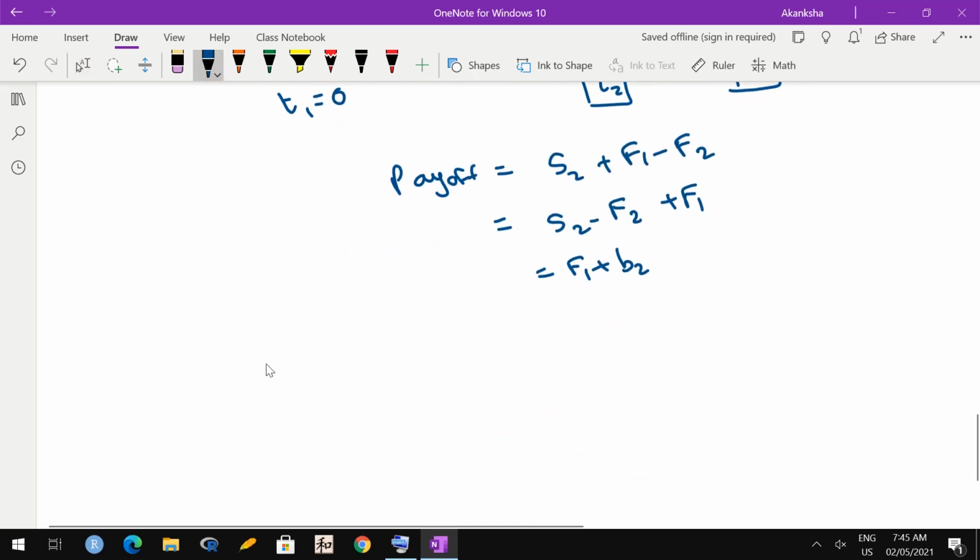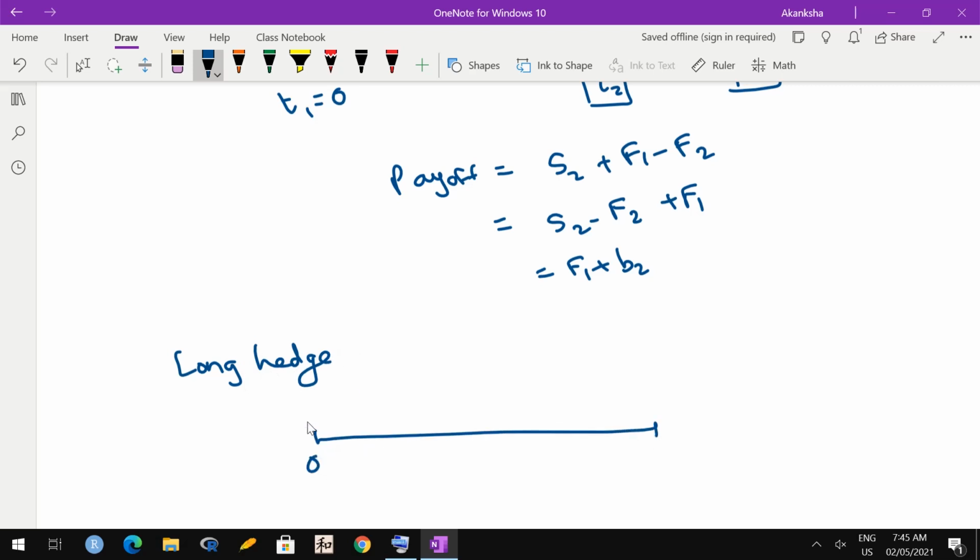For a person in a long hedge, what would be the things? Things would be exactly opposite. Long hedge means at 0 the person has agreed that at time T he or she will buy the asset by paying F1, but somewhere in between they have to buy by paying S2, and then they enter into a reverse trade for F2.